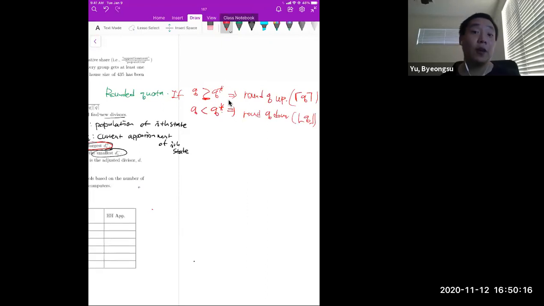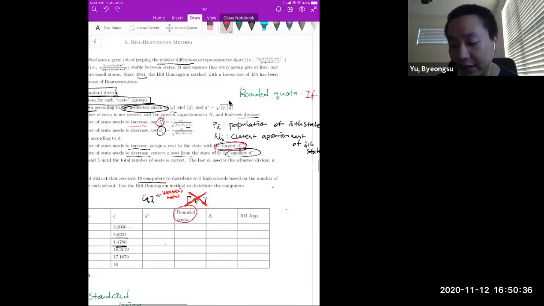So instead of rounding Q star itself, we use Q star as a reference. If our Q is greater than or equal to Q star, round it up. But if it's less than Q star, then round it down. Let's deal with the examples again.